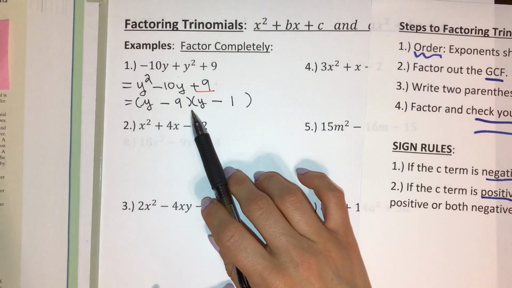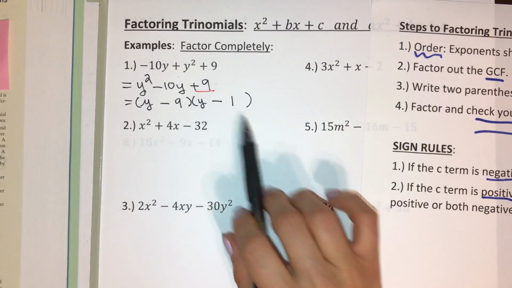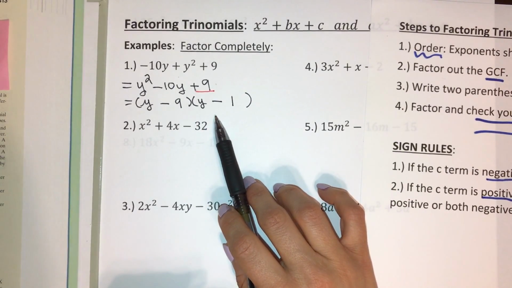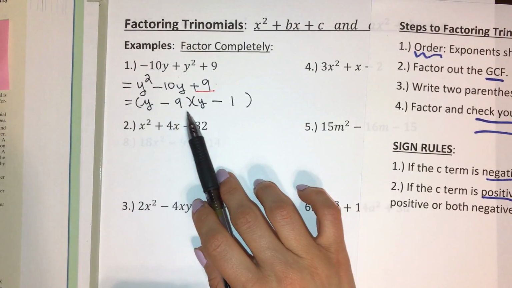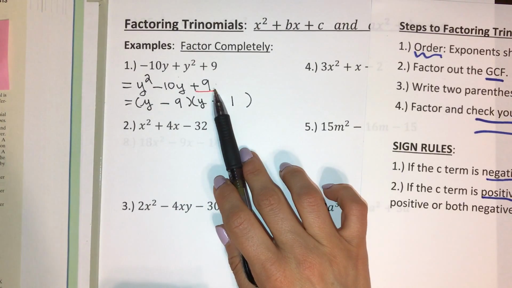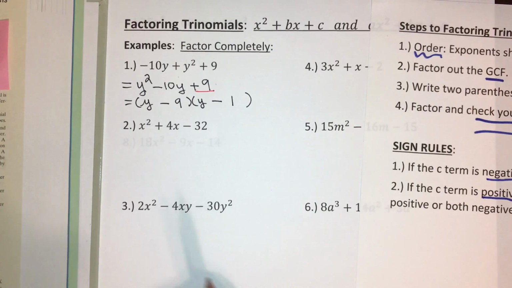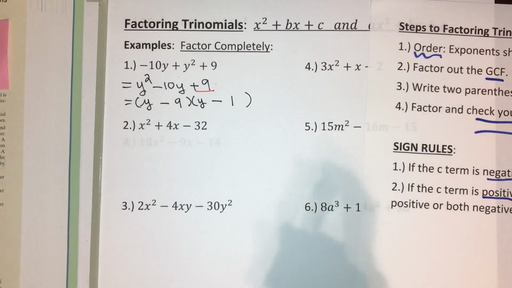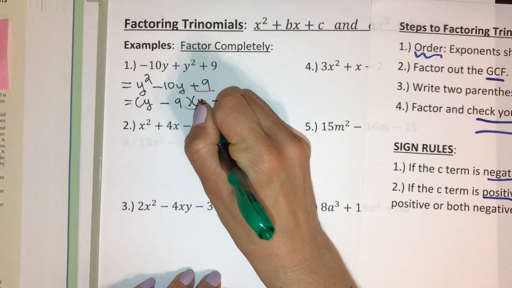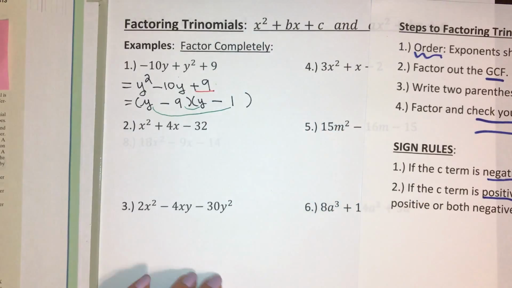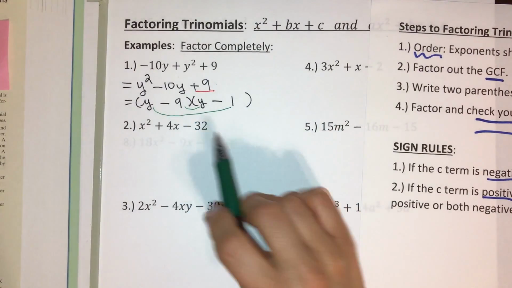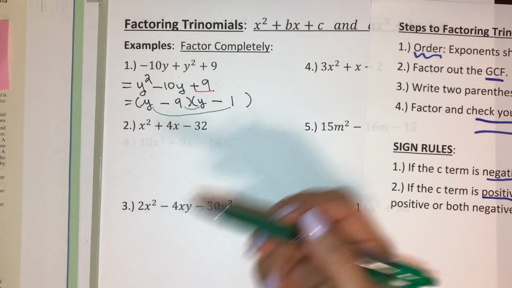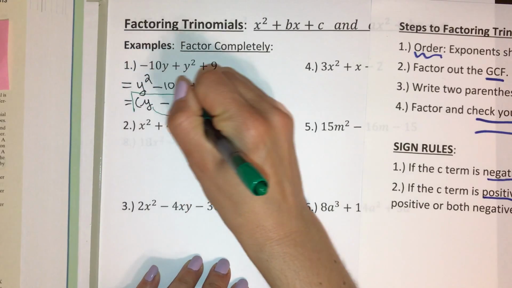This is our answer, but we want to check our work. To check your work, you can FOIL this out and you'll get back to the original trinomial. Or a faster way is to multiply your inner and outer terms and just make sure that you get negative 10y, which we do. So that is our final answer.